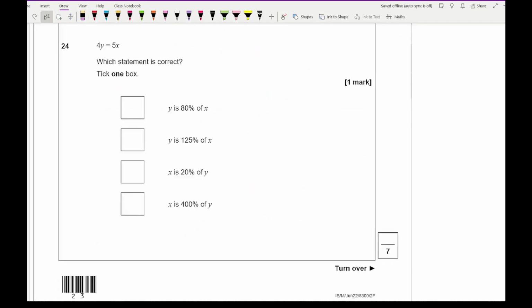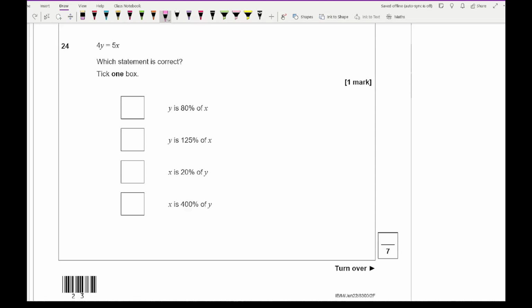Then moving on to question 24, it says that 4y equals 5x, and it says which of these statements is correct. So for this, for the first two, we need to make y the subject.